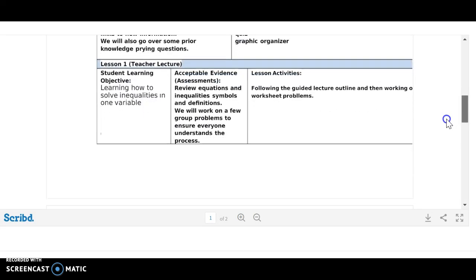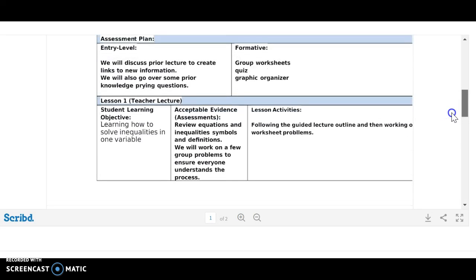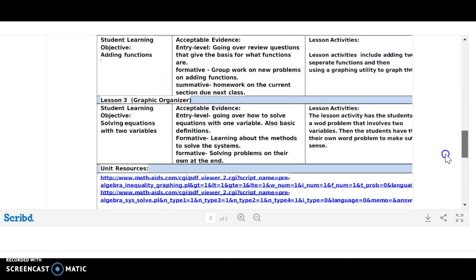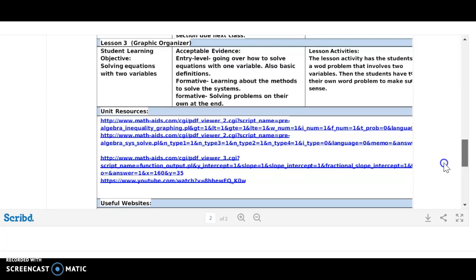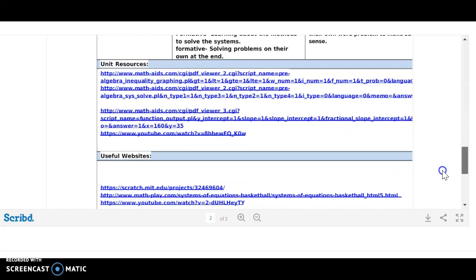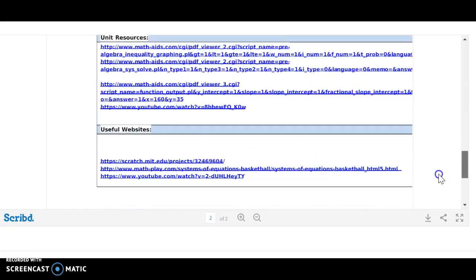So we have to make sure each lesson has each assessment. Here's a few unit resources that I have used throughout creating this unit plan, and a few useful websites that I've also used.